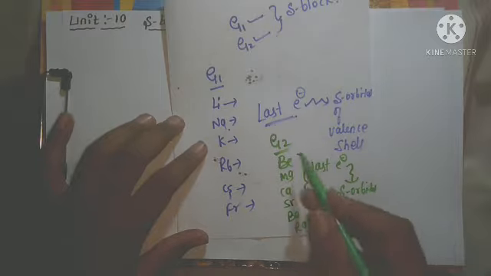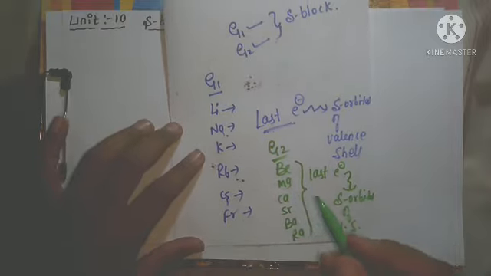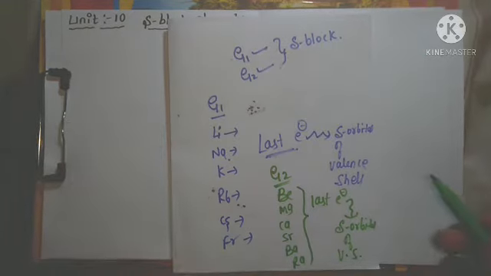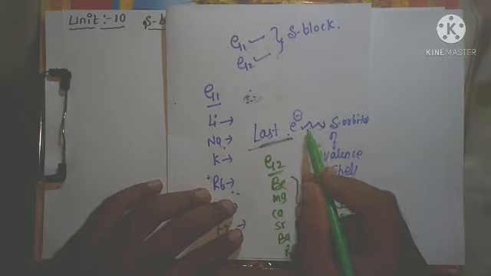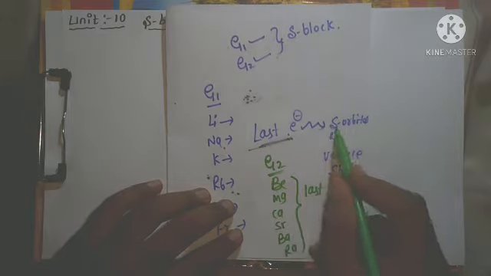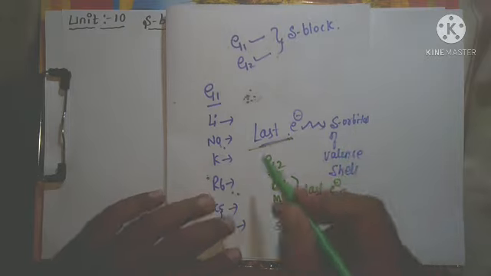Therefore, these are all called S block elements. Simply, the elements in which the last electron enters into the s orbital of the valence shell are called S block elements.